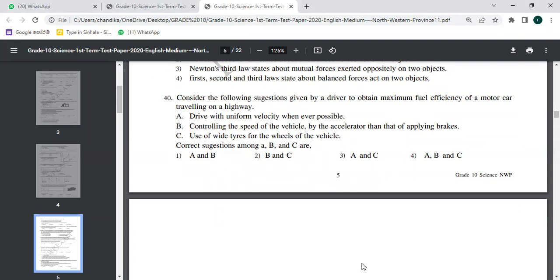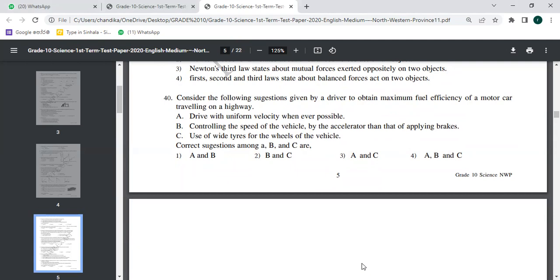Controlling the speed of the vehicle by the accelerator rather than applying brakes. Use of wide tires for the wheels of the vehicle.